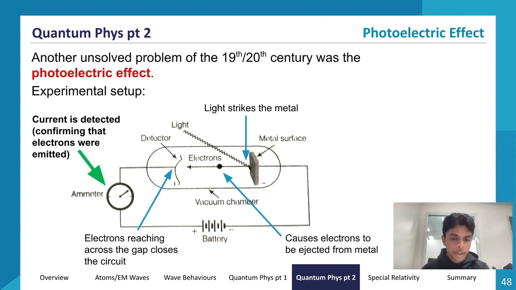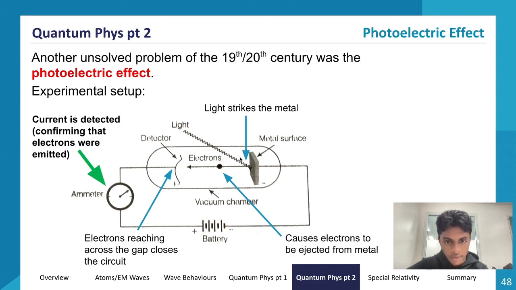Our next failure of the classical model of light is the photoelectric effect. Another unsolved problem of the 19th and 20th century was the photoelectric effect. Now let's look at the experimental setup. We have a vacuum chamber, and the gap, with the electrons traveling across it.